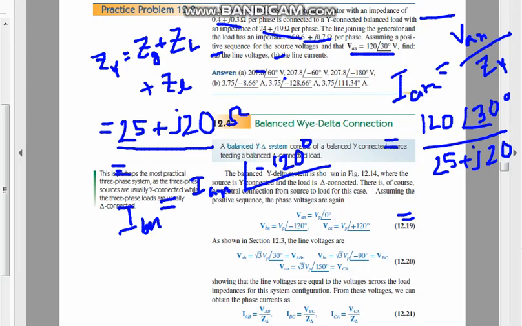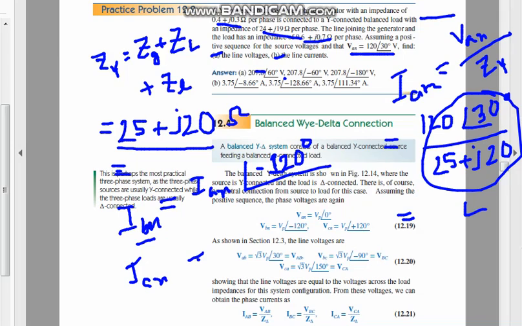Whatever angle you get, just subtract 120 to get IBN. And ICN will be plus 120, since it is positive sequence. The magnitude is similar to the previous.